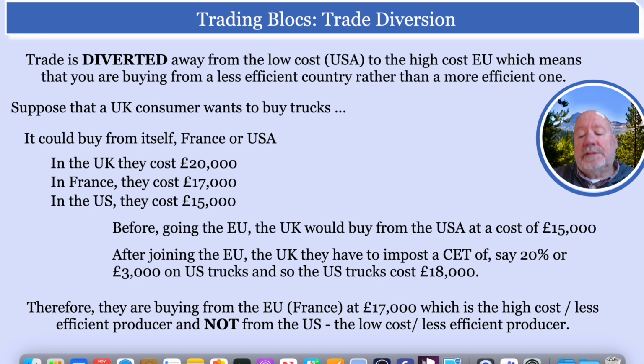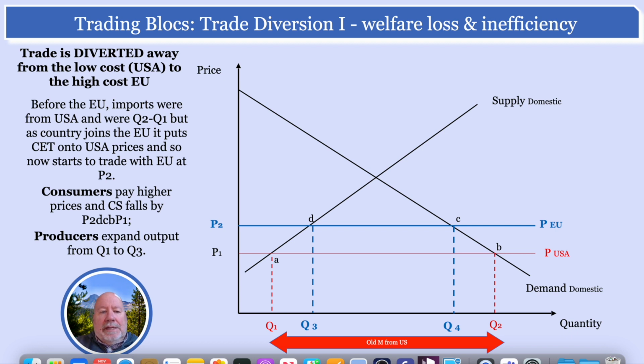If you want to see it in diagram form, I will show you the diagram. This is the price in the US, this is the price in the EU. Without joining a customs union or free trade area, we were buying our trucks from the USA at this low price here.